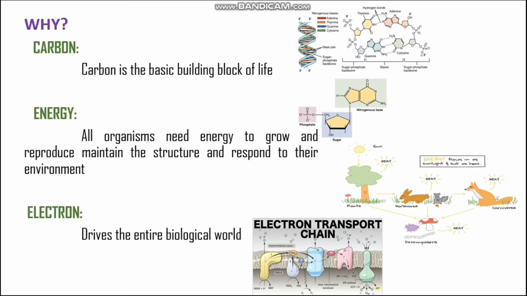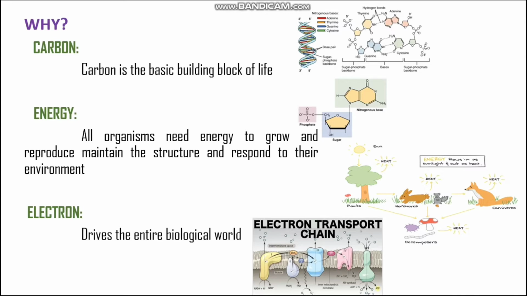The best example is the electron transport chain. In this method of energy production, electrons move through the enzyme complexes present in the inner mitochondrial membrane, and this movement creates energy, which is helpful in the production of ATP. So that's all about the reason behind the acquirement of nutrition.